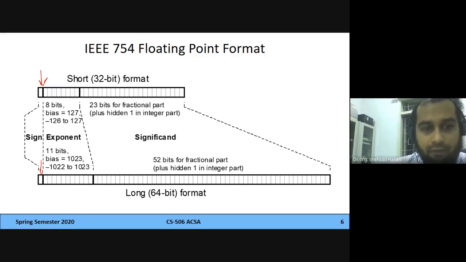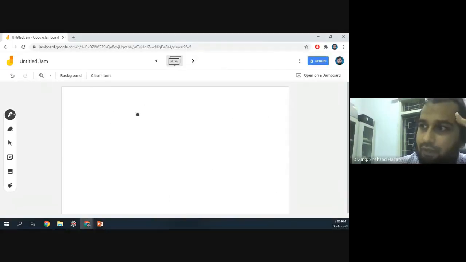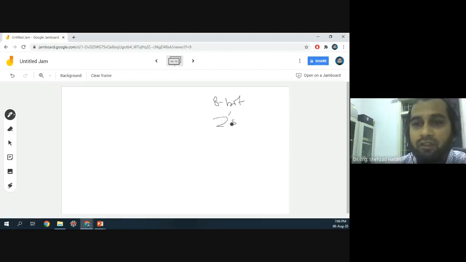Let's have a representation for 0. Now we said that we have 8 bits for the exponent in a short format. If you go to the 2's complement number system and you need the biggest number with the negative sign, what would that number be for 8 bits?